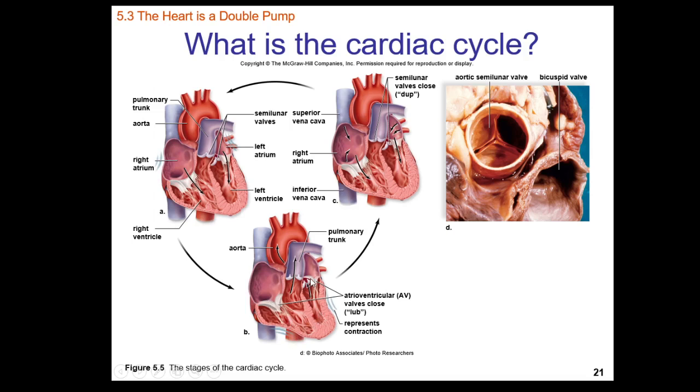That causes those AV valves to close, which is when we hear the lub sound, the initial sound of a heartbeat. And that will push blood through the semilunar valve and out into the body. And then quickly after that, those valves will close. Now the heart is in diastole, so those ventricles are relaxing, and then we can repeat this cycle again and again.